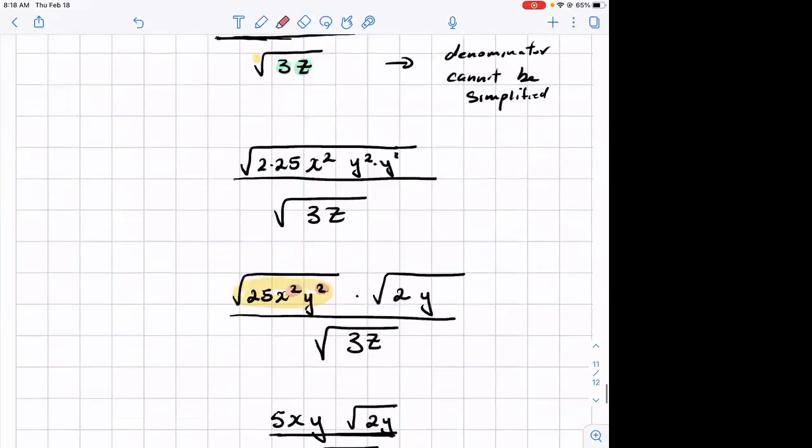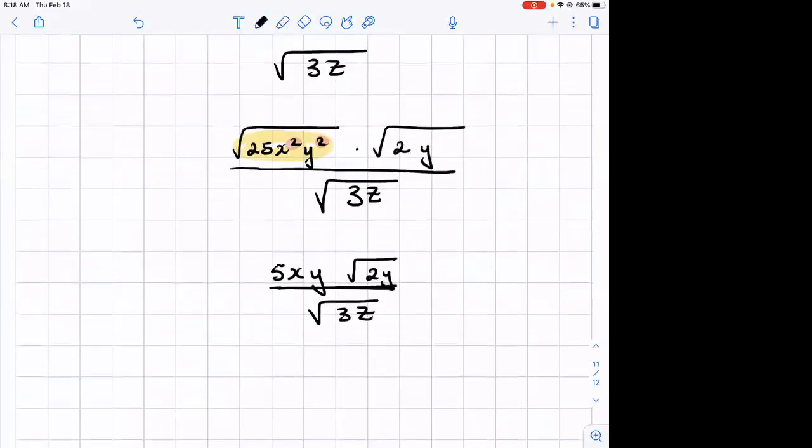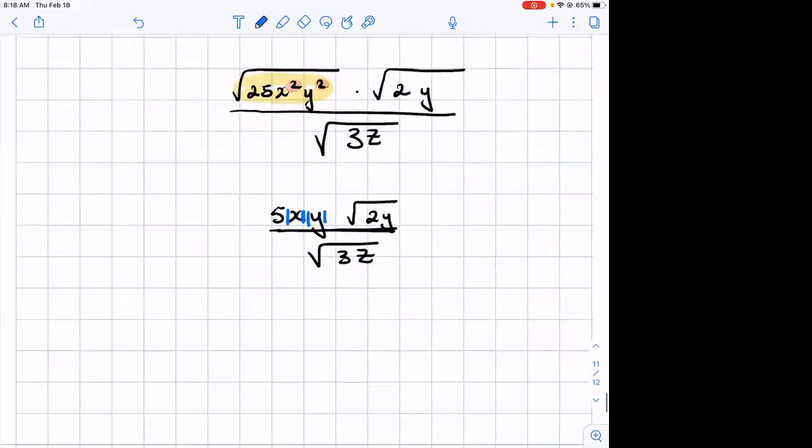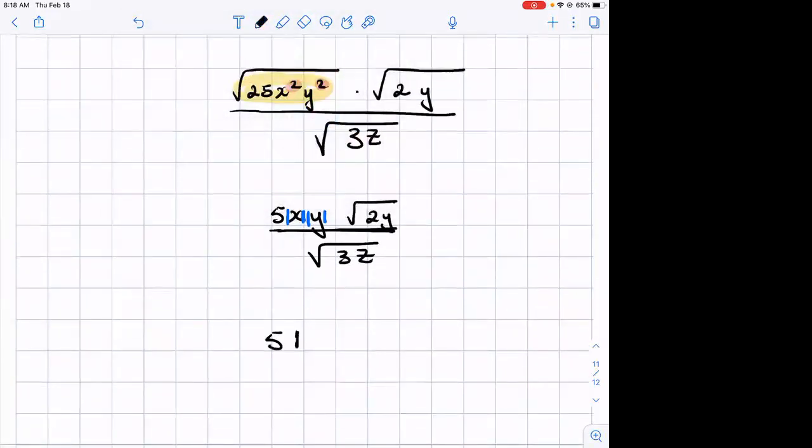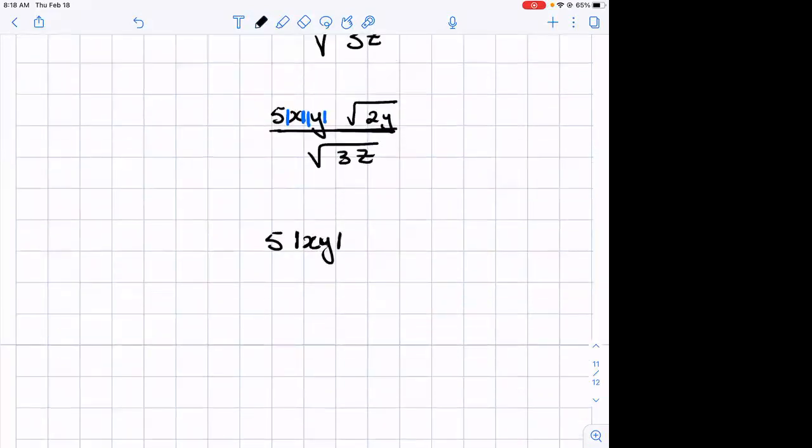So these letters must have the absolute value sign. And since they both have absolute value, we can combine them into one, the absolute value of xy. Square root of 2y over the root of 3z.